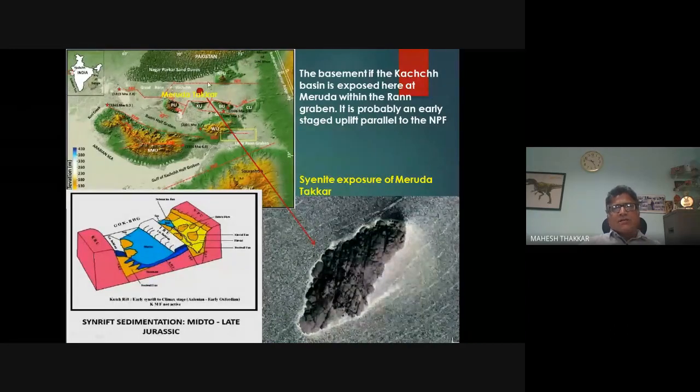But in this Great Run of Kutch, there is a very small hill, maybe 90 meters long and 80 meters wide, which is made up of syenite, and it is called Meruda Thakkar.